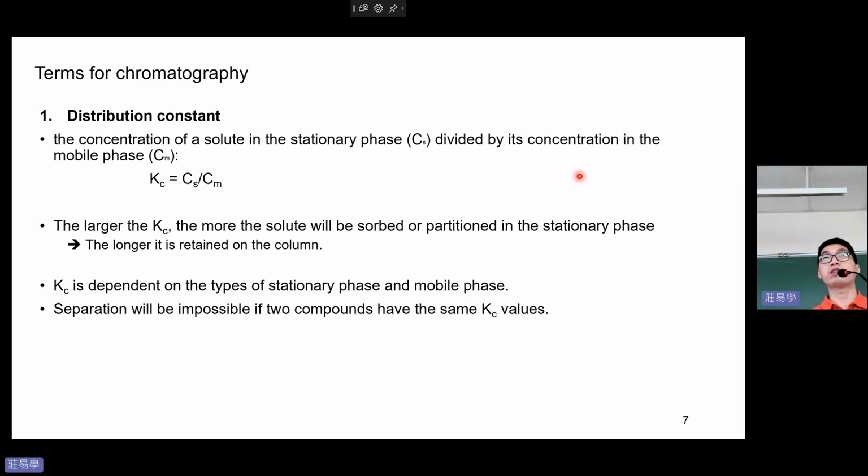Okay, so after introducing two of the basic terms related to chromatography, there are a few factors related to chromatography that I want to introduce in this lecture. There are actually 4 factors relevant to chromatography.